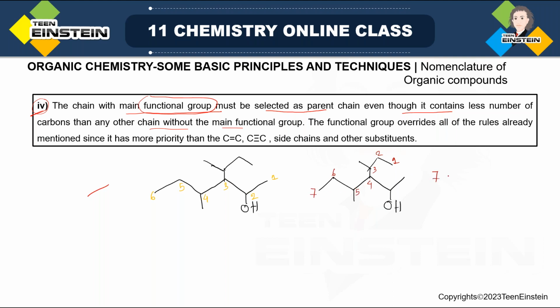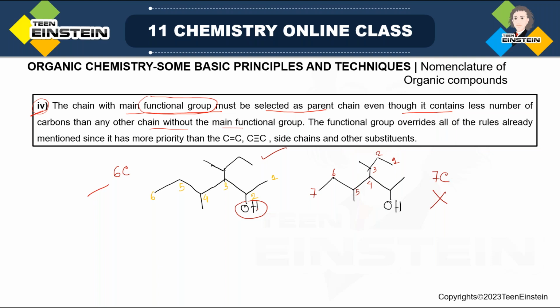Now in this case there are a total of 7 carbon atoms, but in the previous one there are a total of 6 carbon atoms. But see, in the previous one, though the chain contains 6 carbons, it contains the functional group OH. So that is why we have to give priority to this, and not the second one. This is not the correct way to choose the parent chain, because though it has 7 carbons, it does not contain the OH group.